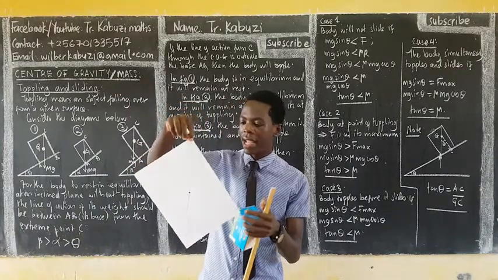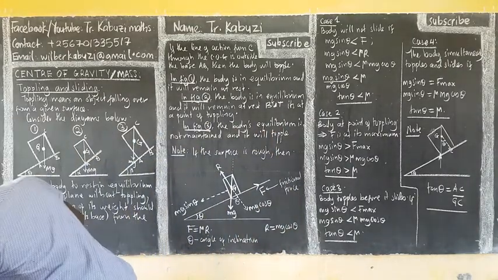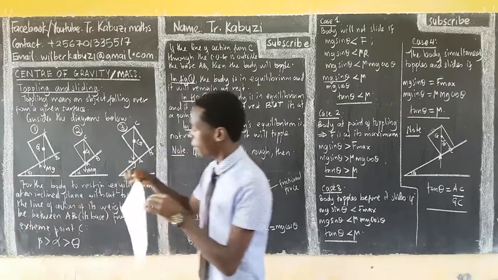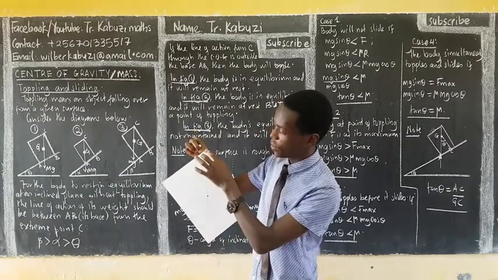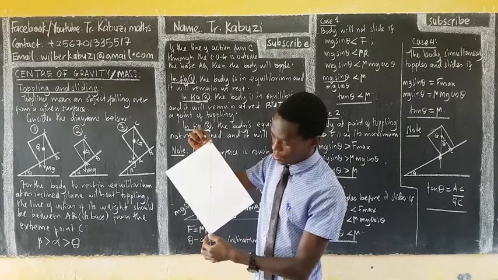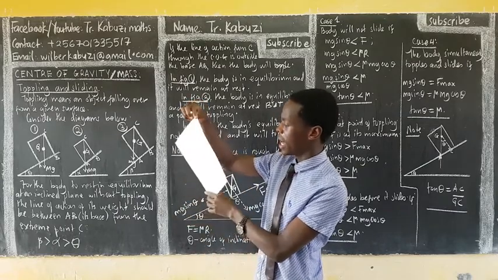So the idea we are having there is that the line of action from the extreme point through the center of gravity, and now we are considering this to be an incline there.